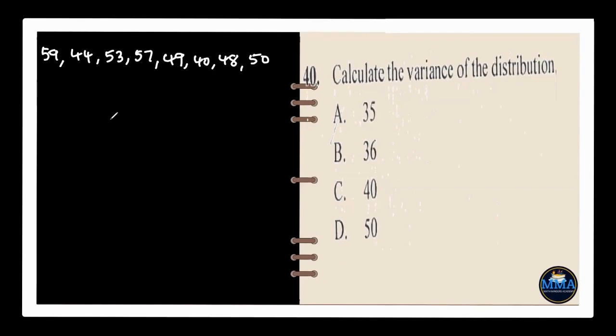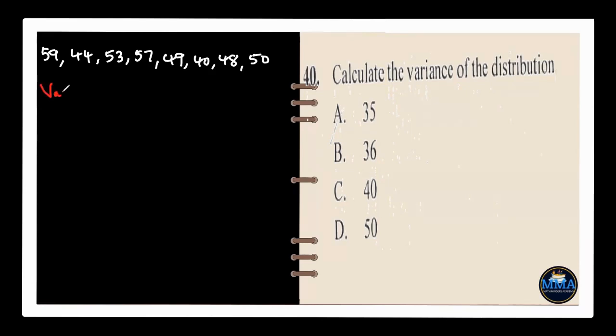Question number 40, calculate the variance of the distribution. So we've itemized the distribution as given in the previous question. So we have the above numbers. They are already given. If you check question number 39, you will see all these values. Now we are asked to find variance.